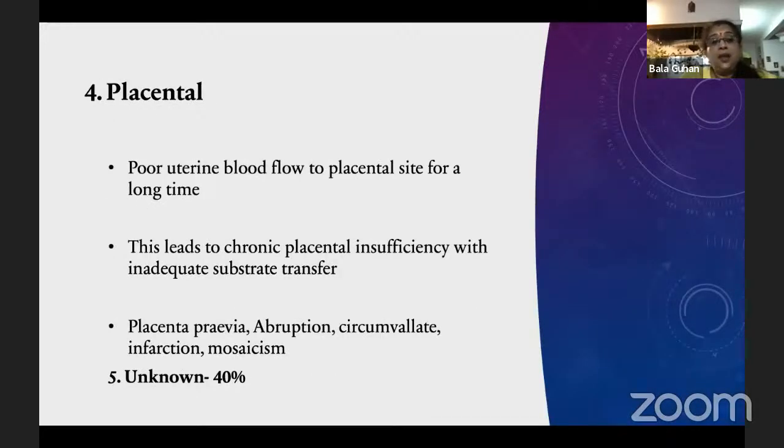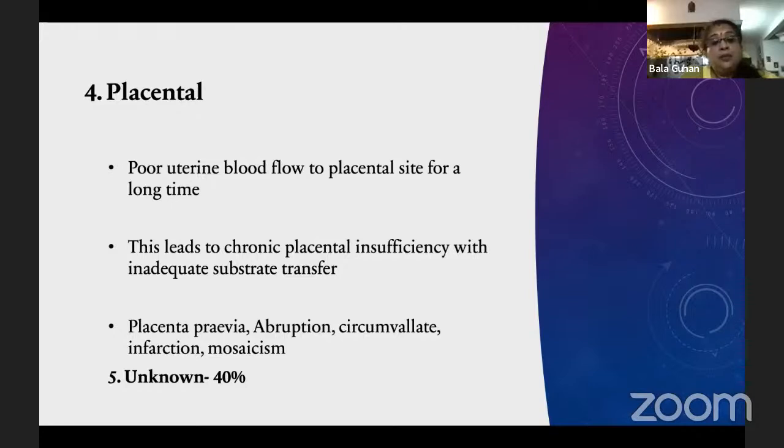Now, the placental factor, which includes poor uterine blood flow to the placental site for a prolonged time. This leads to chronic placental insufficiency with an inadequate substrate transfer. As we know, babies obtain their nutrition through the placental flow. So it is very important that adequate placental flow be maintained.